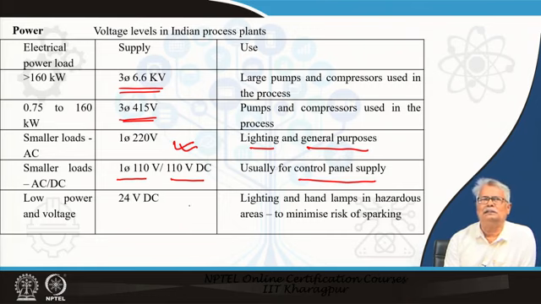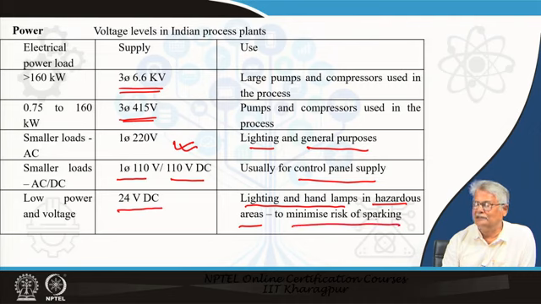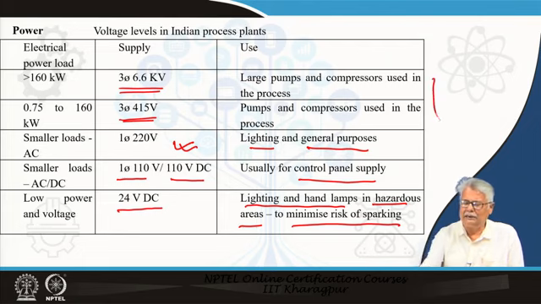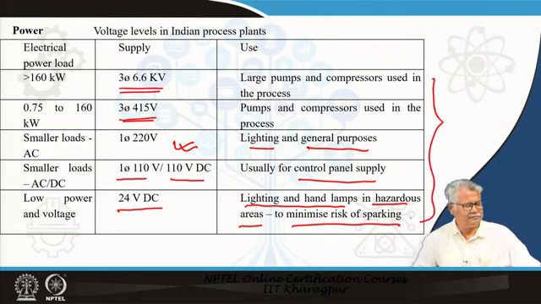Some will be using one, the others will be using the other option. In any hazardous plant, particularly which handles inflammable material, you will have a 24 volt DC supply. This is primarily for lighting and hand lamps in the hazardous areas. This minimizes the risk of spark. So, we realize one thing, that you will have to select your different levels of power depending on what exactly are the requirements in your field.